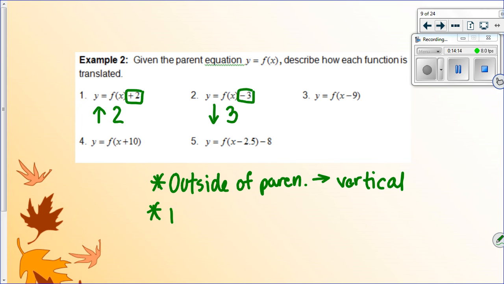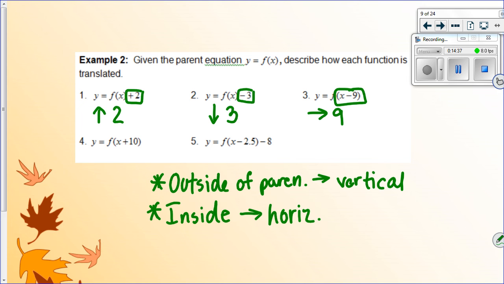So again, inside is not going to be vertical. Inside is going to be horizontal. Right, and again, remember, inside of the parentheses is the opposite of what we think. So we want to think right away, left 9. But it's not left 9, it's moving to the right 9.